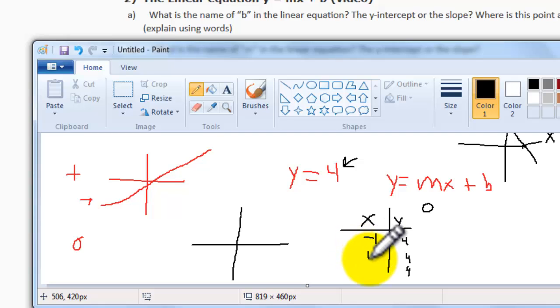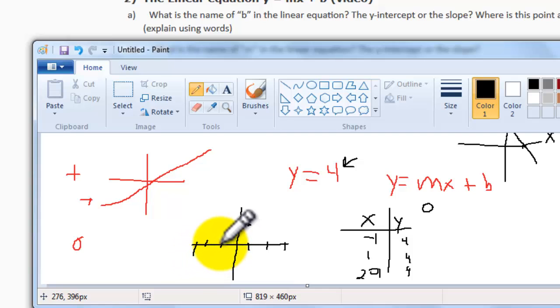I could put +1, I could put +201. For any distance I go this way, let's say I go 1, I have to go up 4. Bam, there's the point.